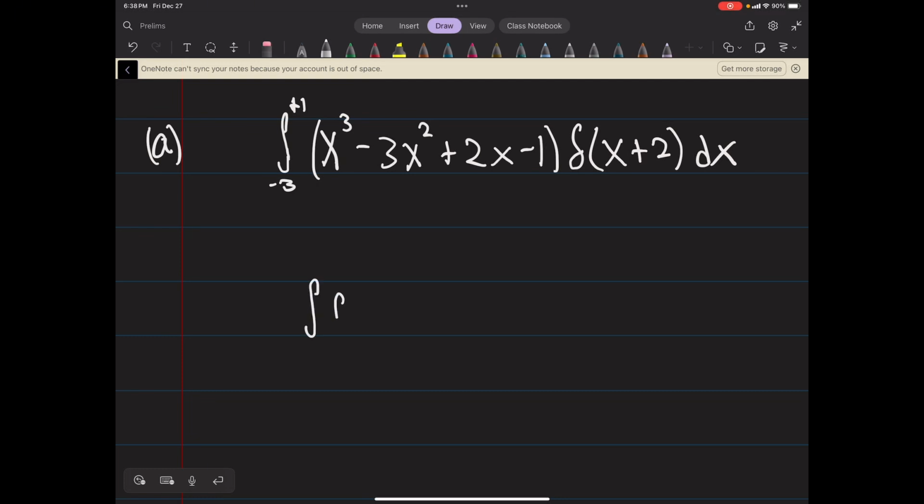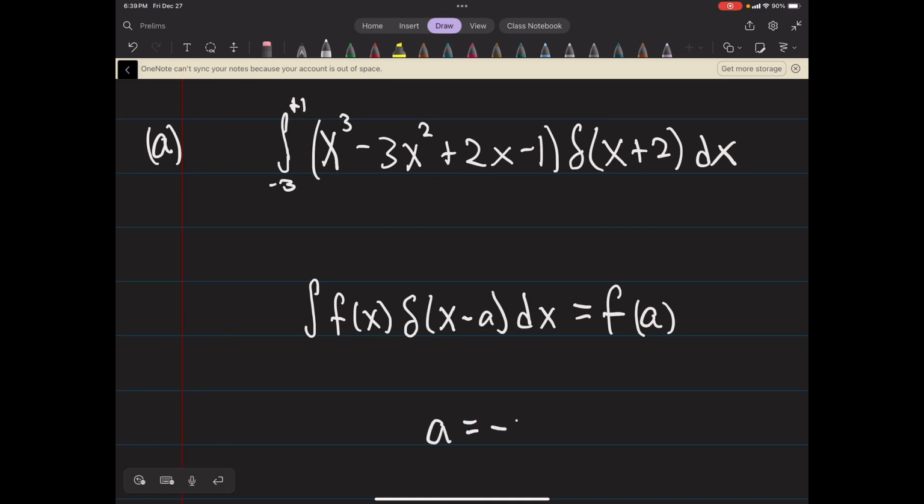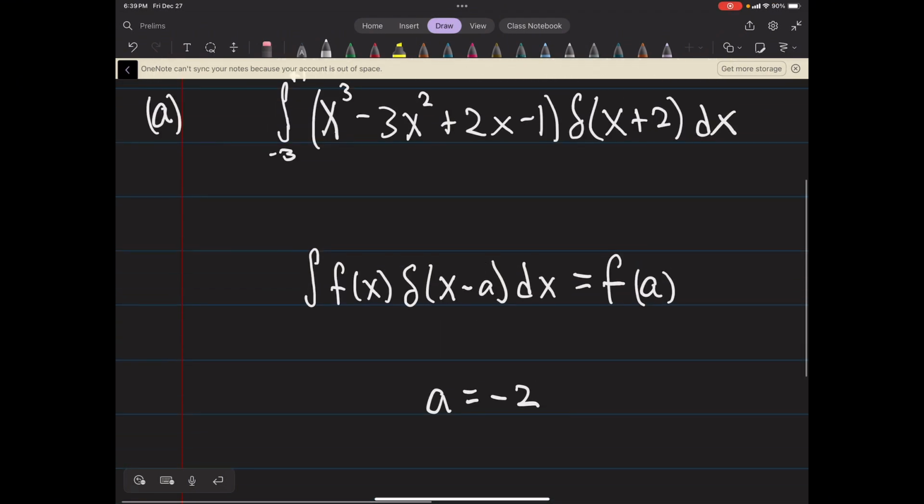The integral of some function f of x times some delta function shifted a is equal to f evaluated at a. So in this case, our a is negative 2. And this is the function f of x.